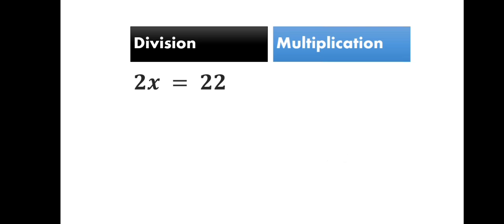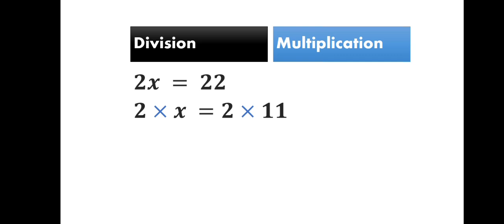Now, here's our question. For us to solve further, we have to break this down: 2 times x equals 2 times 11. 2 times x is 2x, and 2 times 11 is 22. For us to solve this, we have to ask ourselves, how do we break the bond between 2 and x?